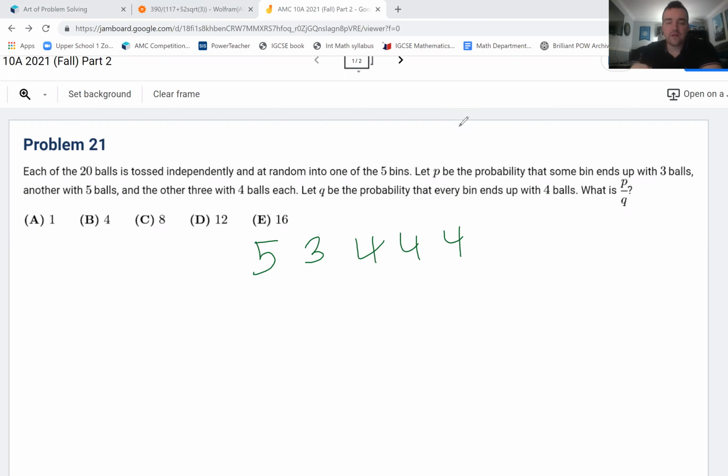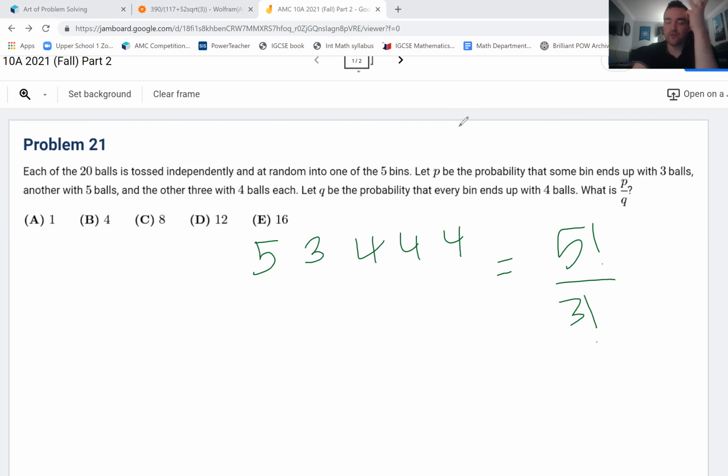Well, if you think about it, we can think about it as being 5 different objects. So there would be 5 factorial ways to arrange them, but you would have to divide by 3 factorial because the three 4s are identical.